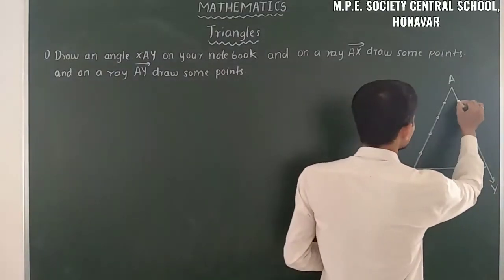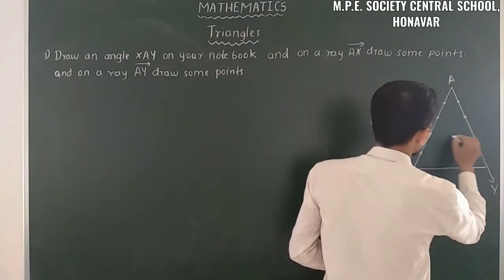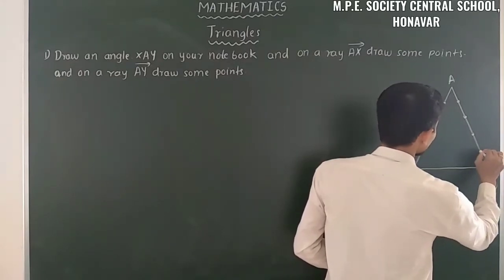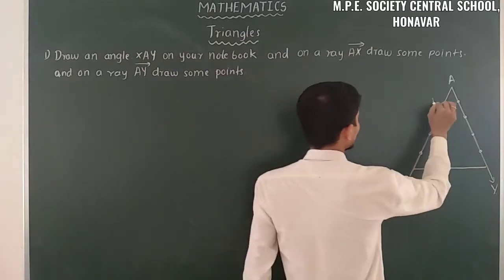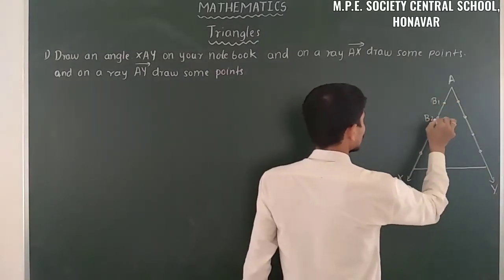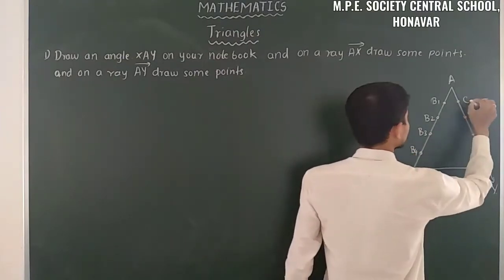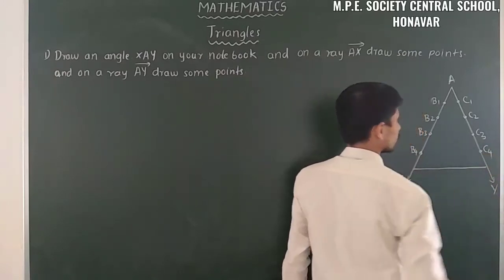Likewise we have to take the same points here also, parallel. I will label them B1, B2, B3, B4, and here C1, C2, C3 and C4.